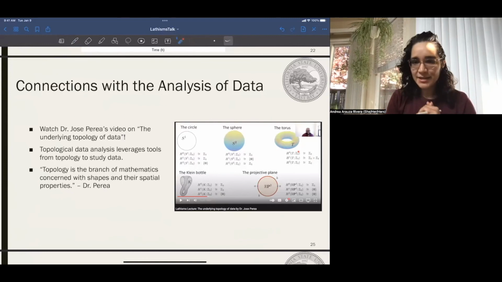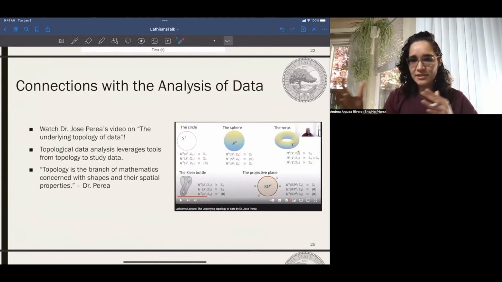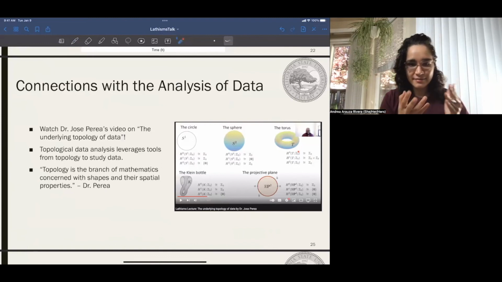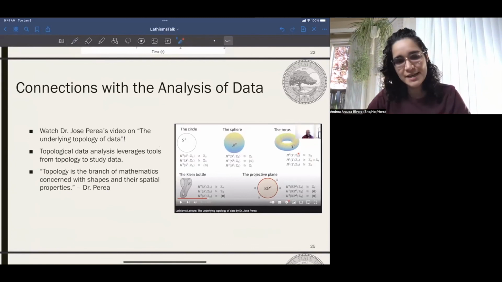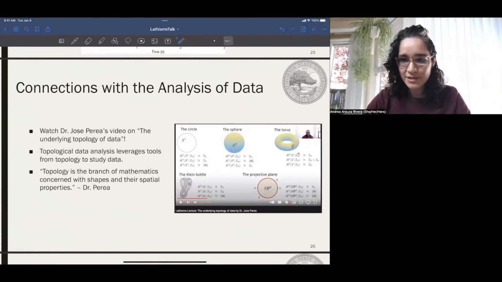So one of the things I'd like to do in the future is think about how we can complement each other: how can some of the tools from fractal geometry complement some of the things being done in topological data analysis? So those are some of the things that I'd like to do in the future. If you happen to know a lot about TDA, then I would love to talk to you about it. And I'm hoping to dive into that area a little bit more in the future.